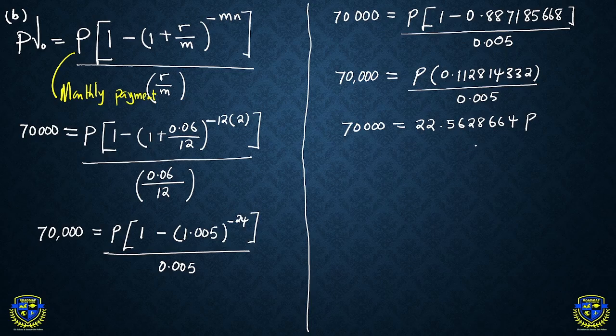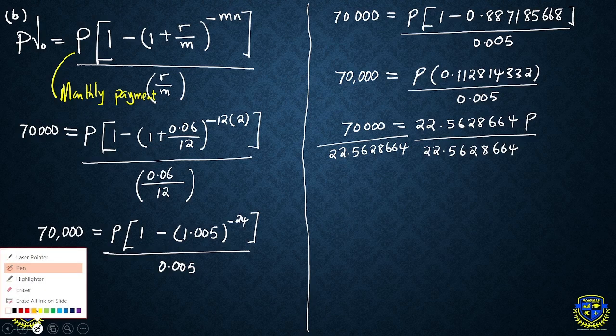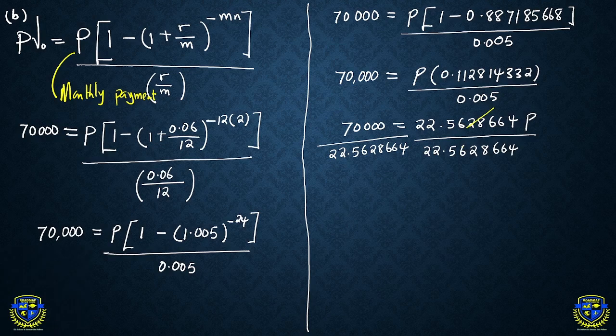Now, knowing fully well that we're interested in the P, you divide both sides by 22.5628664. We'll divide both sides by that value.